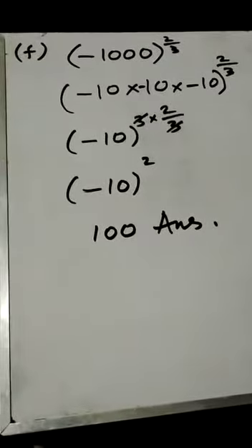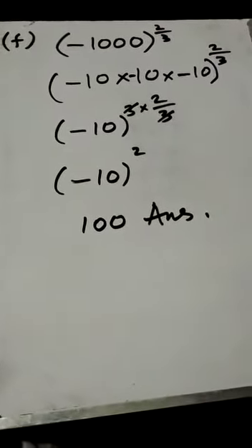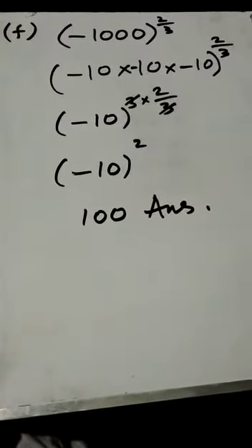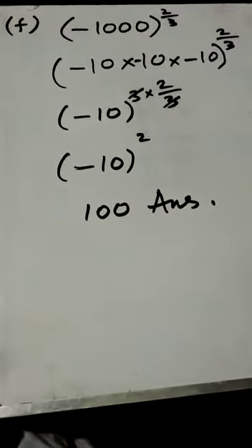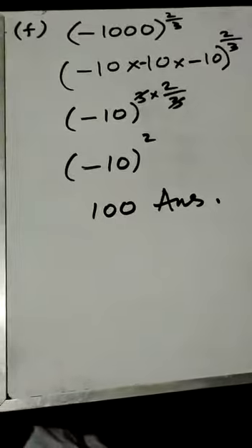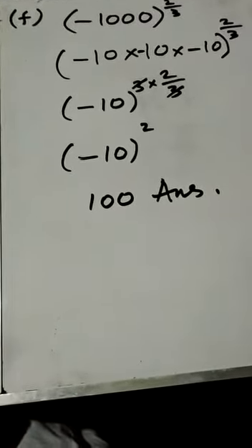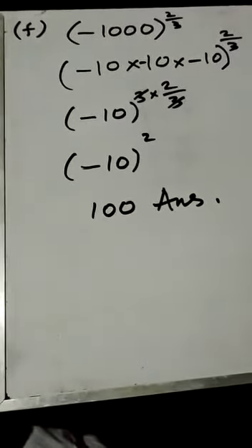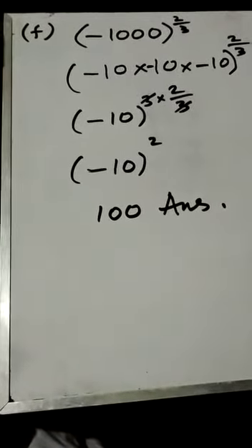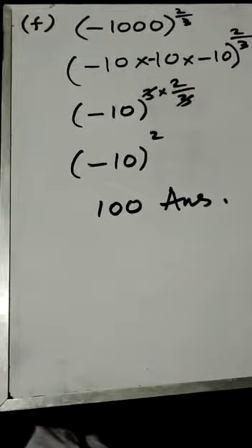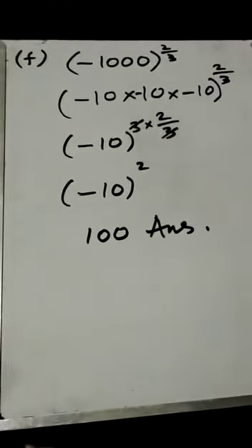This part F was negative 1000. Negative 1000 means negative 10 into negative 10 into negative 10, and its power is 2 upon 3. Now negative 10 to the power 3 will be multiplied by 2 over 3. 3 will be cancelled with 3, and we will get negative 10 to the power 2. So this will give you 100.